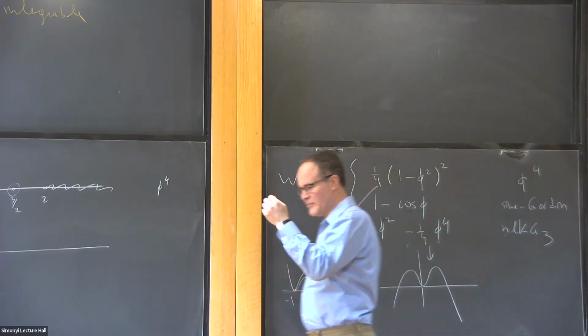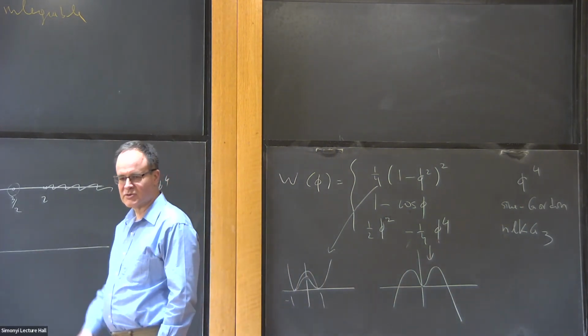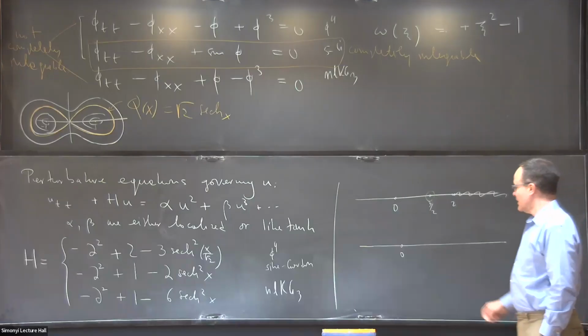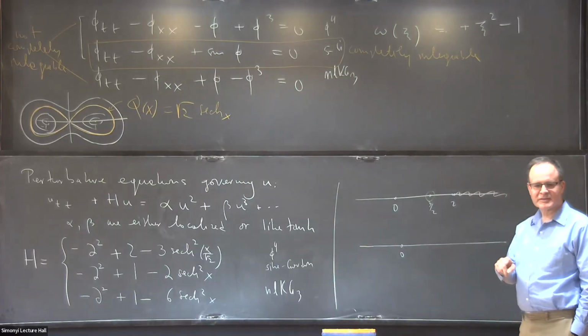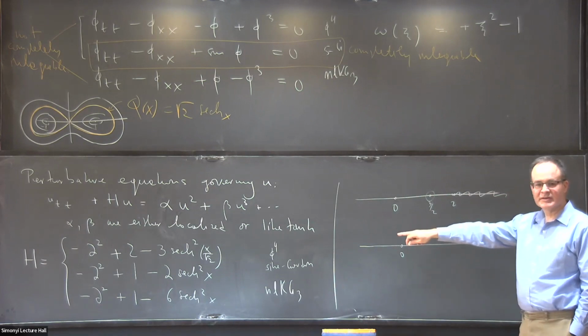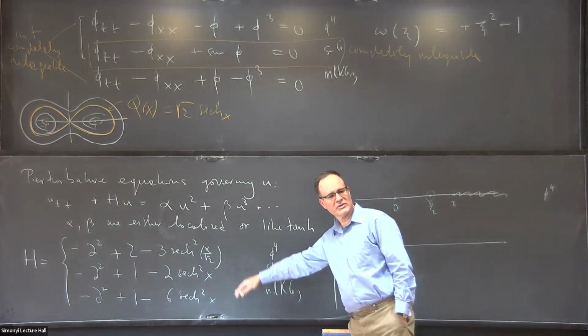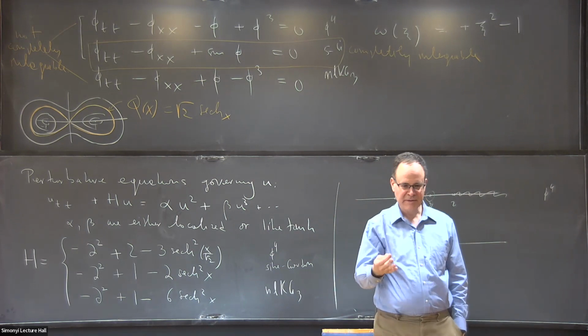So for phi to the 6, you do not have Pöschl-Teller. You don't have a 0 energy resonance. And all of them are actually reflectionless. The reflection coefficient is 0 for all energies. For these, the linearized ones. So these are linear Schrödinger operators on the line. They're all reflectionless for all energy.